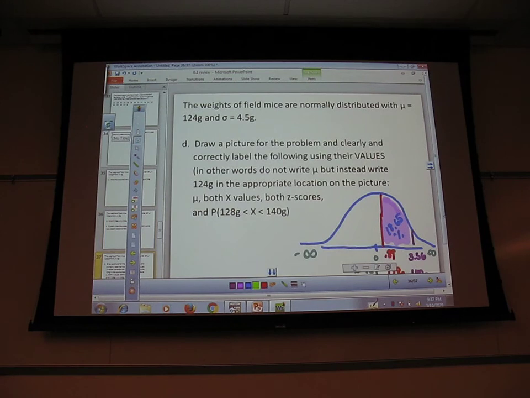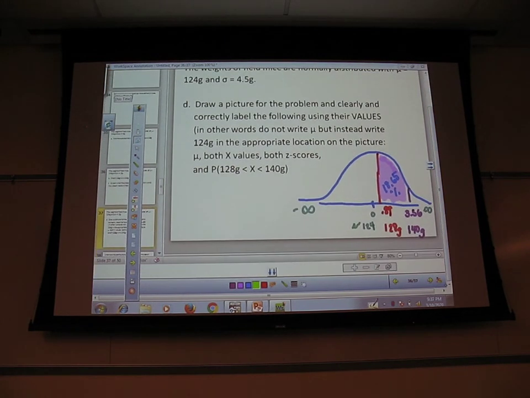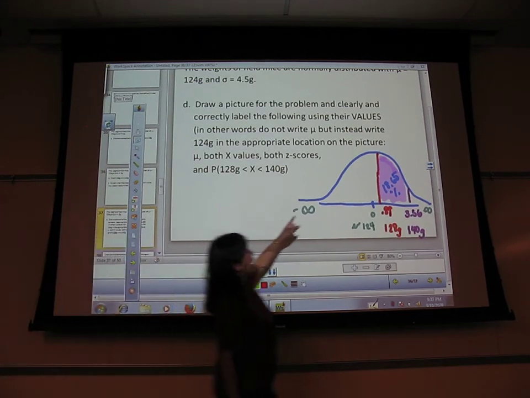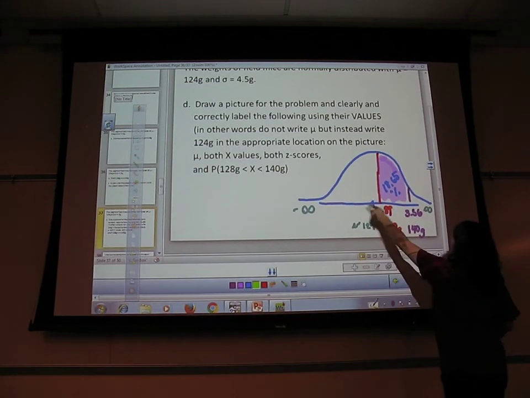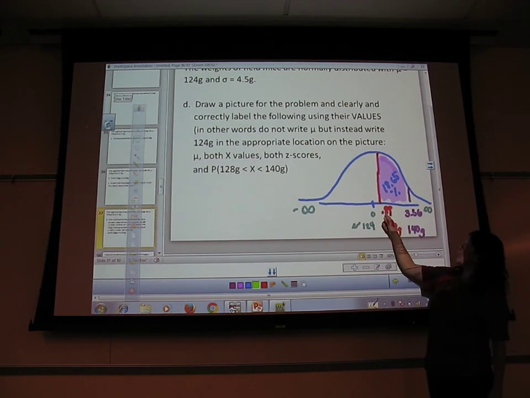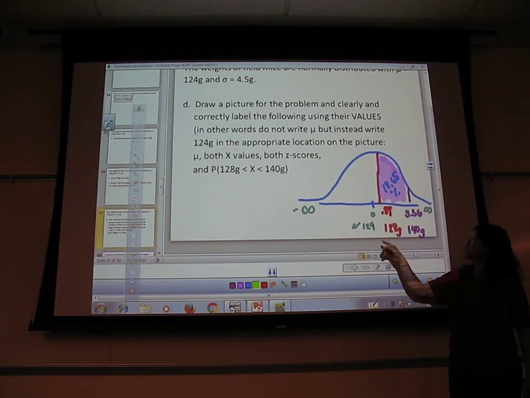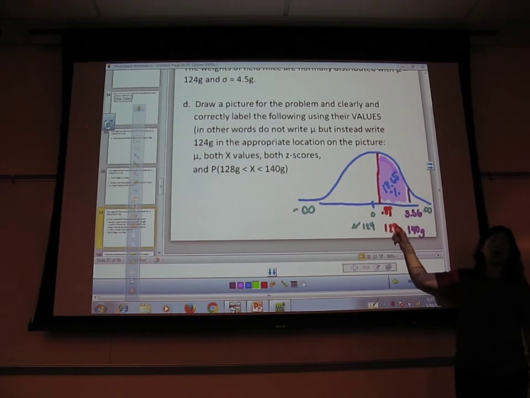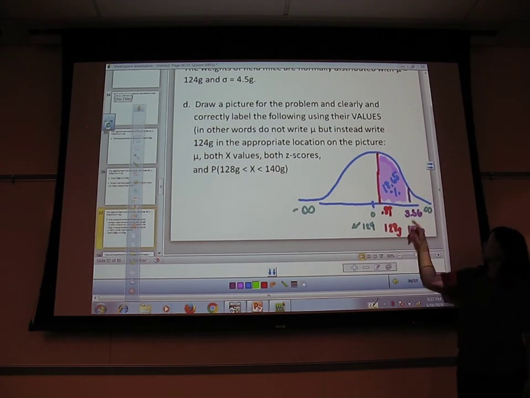And then go ahead and explain your picture here. So she has her curve, and she has the line and the notch, just like I wanted. And then she put in a line where the z-score is 0.89, which is the same thing as the value of 128 grams. She also put in the z-score of 3.56 and drew a line up, which is also the same thing as the value of 140 grams.